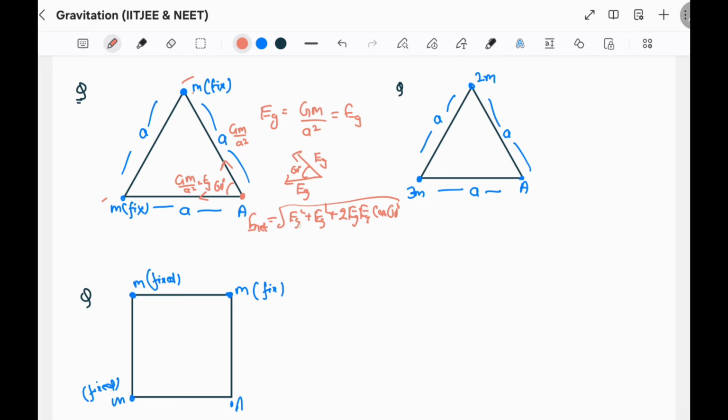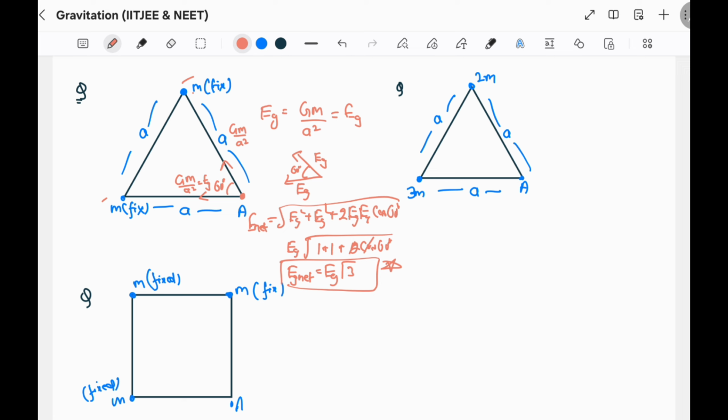So Eg square you can take common, so what will be left? 1 plus 1 plus 2 cos 60, and cos 60 is 1 by 2, so it will be 1 by 2 into 2, so this will cancel. So it will be 1 plus 1 plus 1. Because we are taking out Eg square, the square will cancel, root 3. So Eg net will be root 3 for this question.